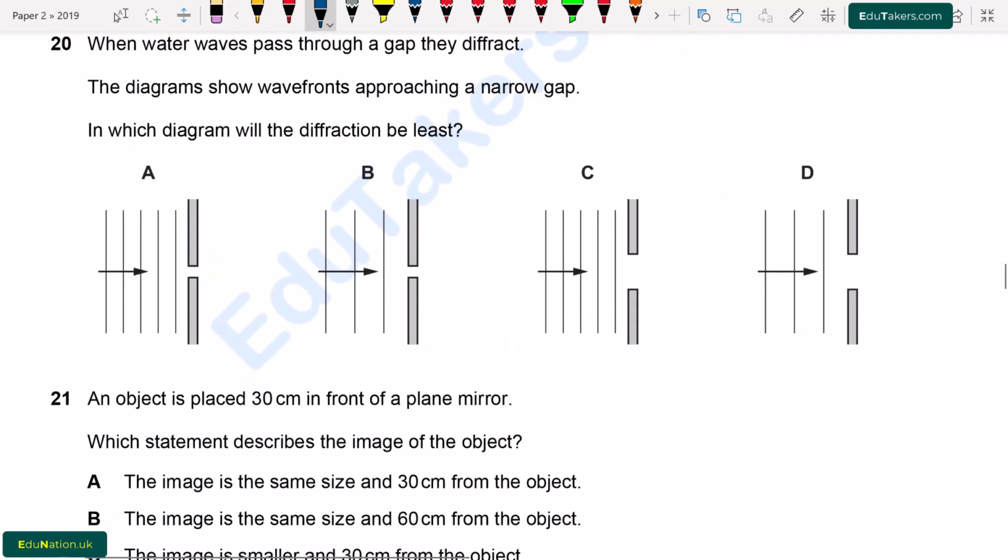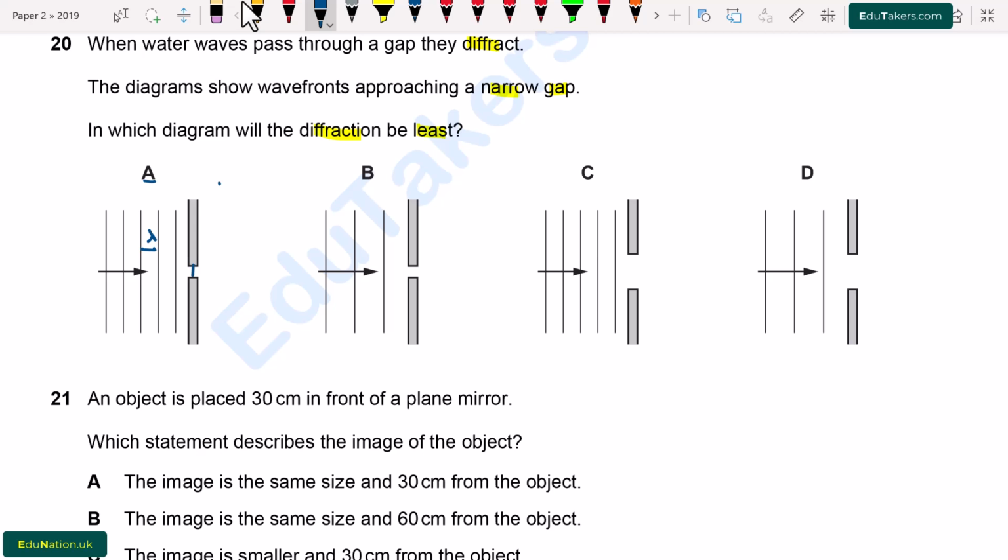Question number 20. When the water waves pass through a gap, they diffract. The diagram shows the wavefronts approaching a narrow gap. In which diagram will the diffraction be least? There are 4 diagrams shown. First of all, we consider A. The distance between the two wavefront is equal to wavelength, and this is the separation between the barrier.